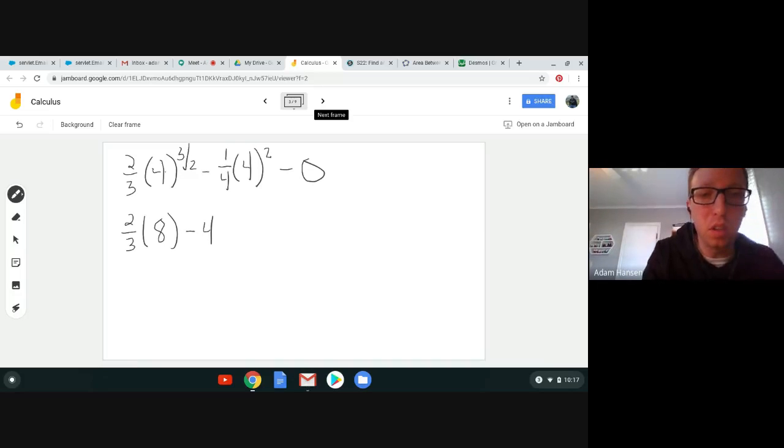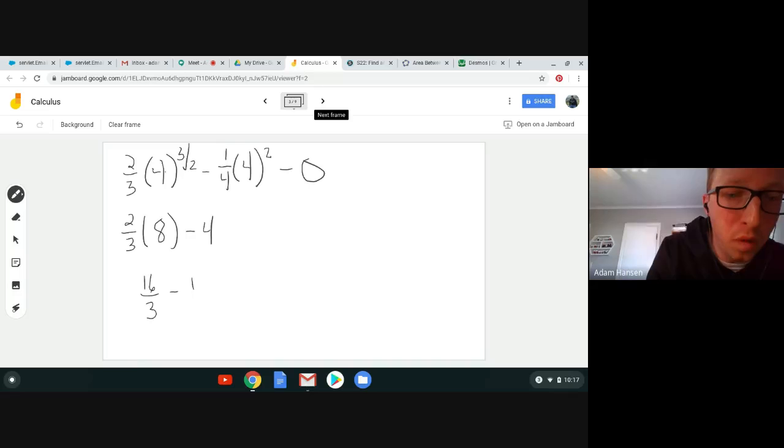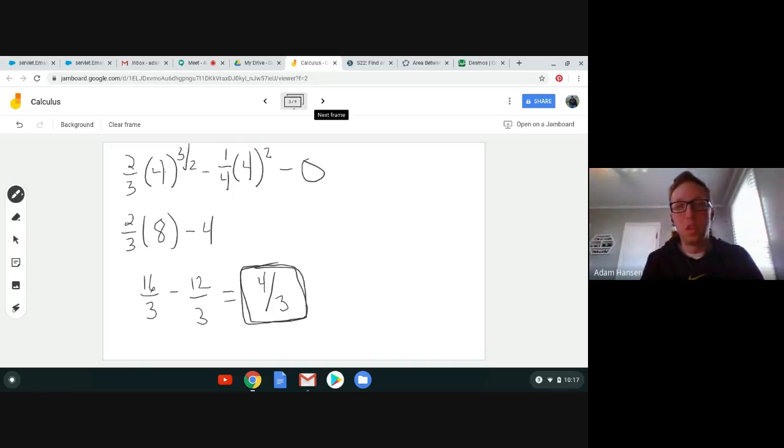Once again, minus 0 doesn't change anything. 2/3 times 8 is 16/3. I'm going to find a common denominator. In terms of thirds, 4 is equivalent to 12/3. And our final answer here is 16 minus 12, or 4/3. The area between the two curves is 4/3.